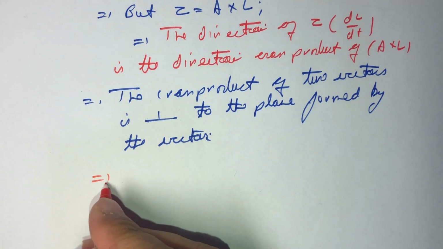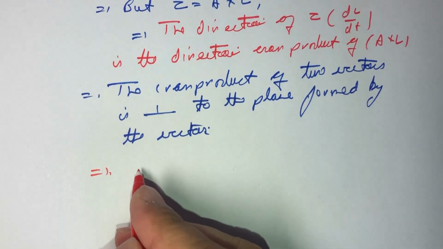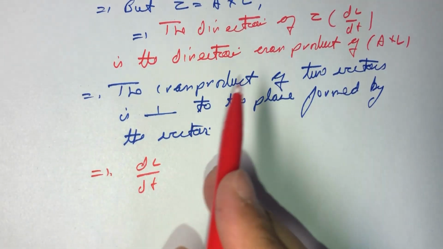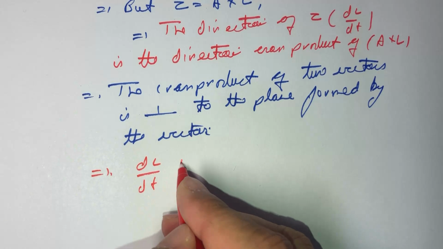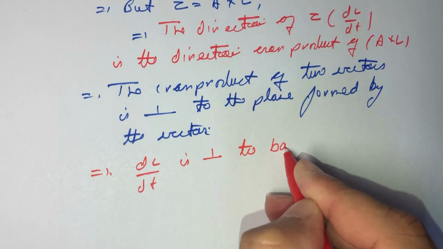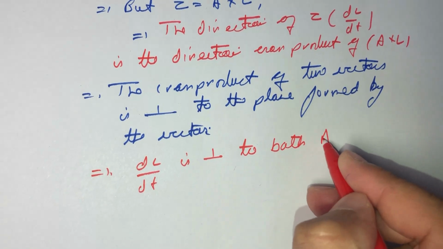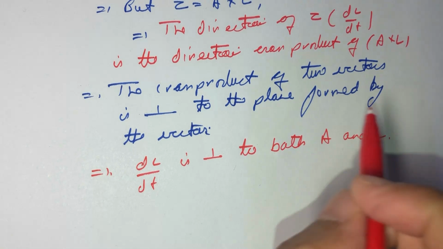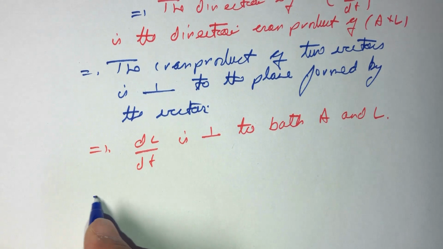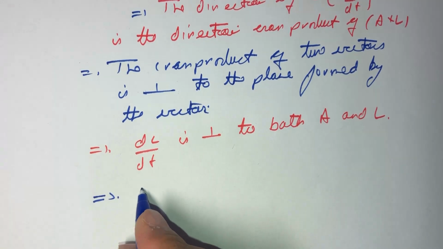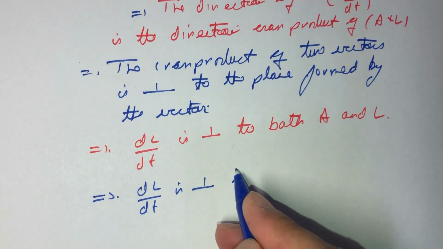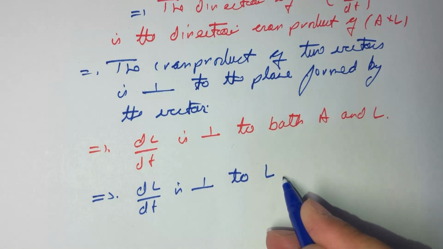Therefore we can say that dL by dt, which is indirectly a representation of the torque, is perpendicular to both A and L. Therefore we can draw the conclusion that dL by dt is perpendicular to L at all times.